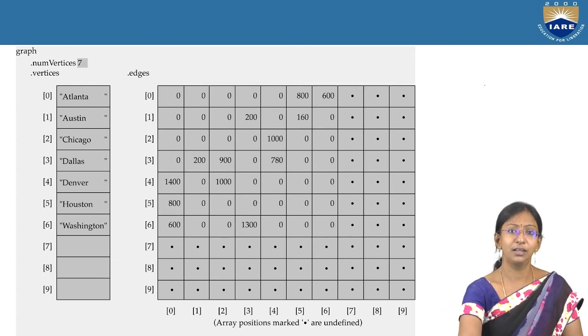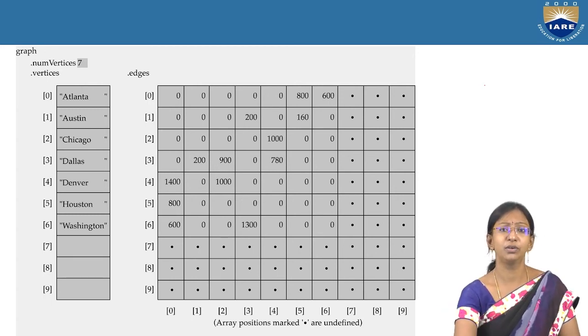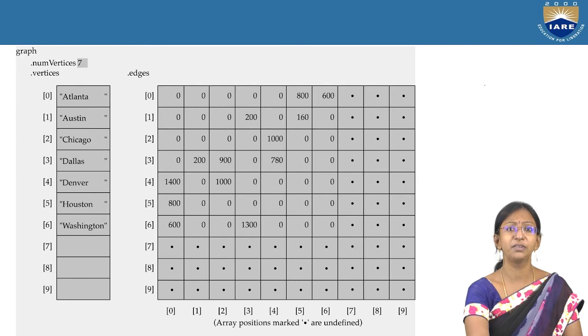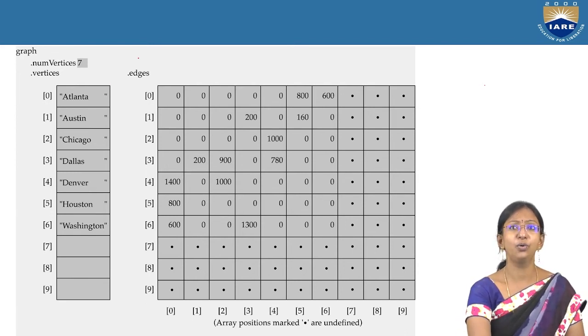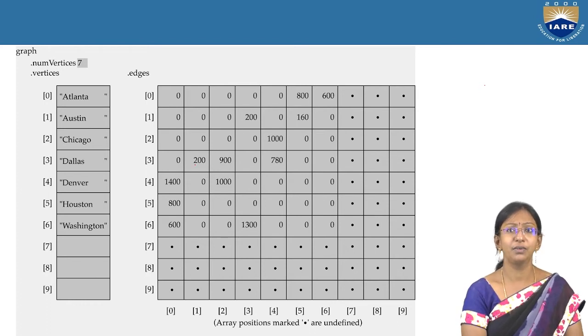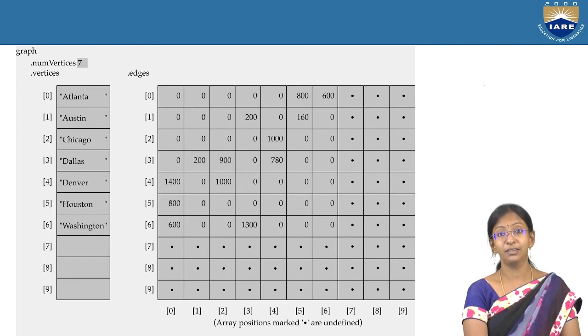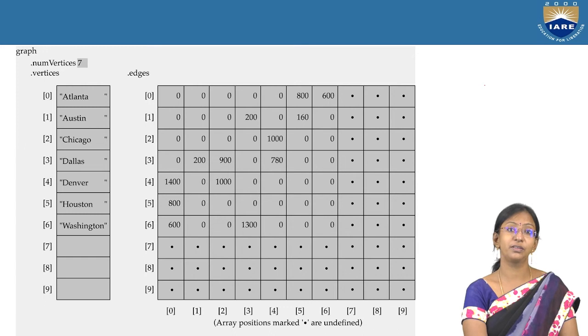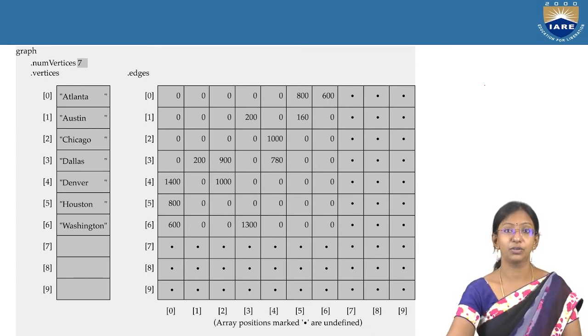So wherever there is not an edge between two nodes, I have represented that with a 0. If you count the zeros in this 7 by 7 matrix, more than 50% of the cells are filled with zeros. If in a matrix more than 50% of the cells are filled with zeros, we call it a sparse matrix. So even this is a wastage of memory, which we can overcome using linked lists.